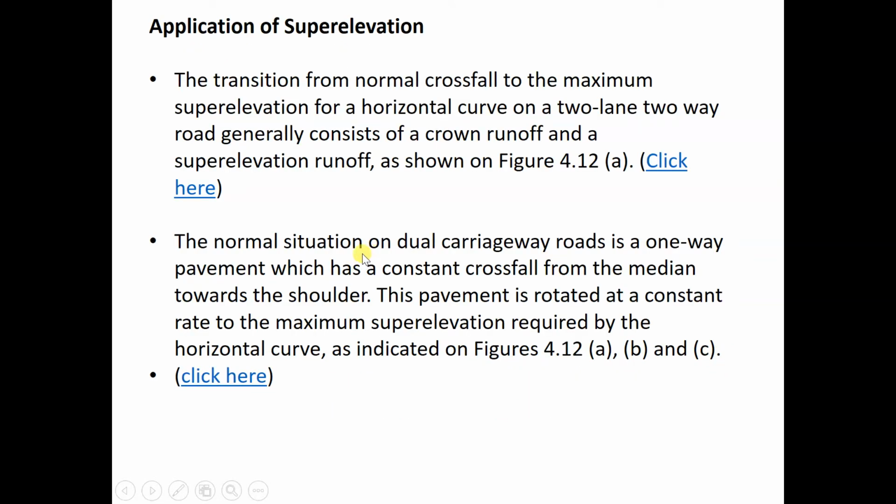Application of super elevations. The transition from normal crossfall to the maximum super elevation for a horizontal curve on a two-way road generally consists of a crown runoff and a super elevation runoff, as shown in figure 4.12a. So we have this thing called the crown runoff and super elevation runoff.